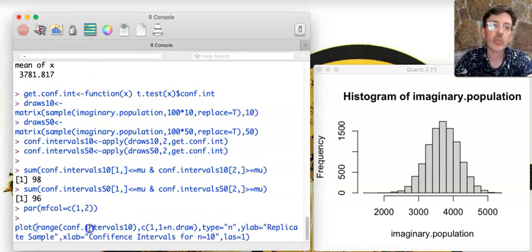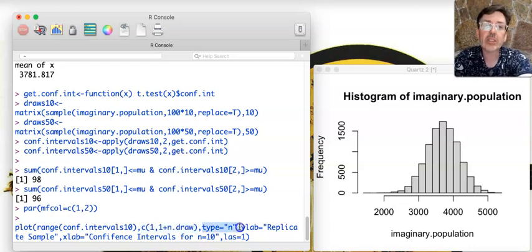I'm going to use the range for my x values, from 1 to 100 on my y values. It's type "n", which means don't plot any points in here. I've made nice x labels and y labels, and I've rotated those numbers there. So it should look nice.